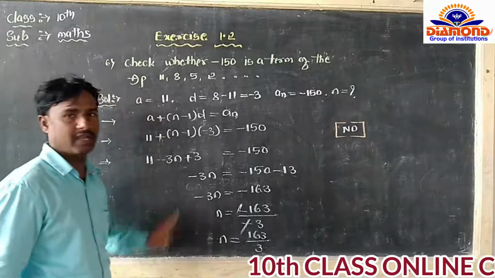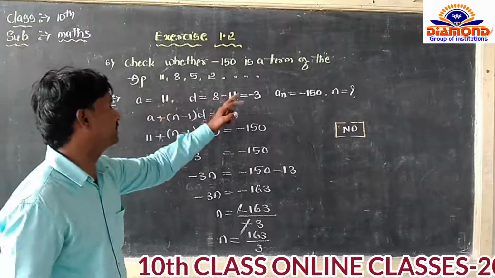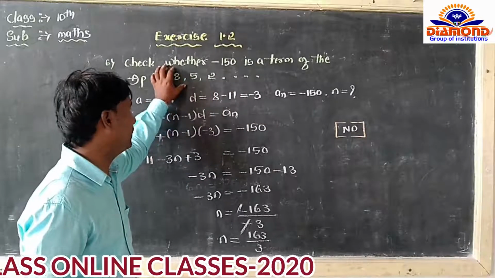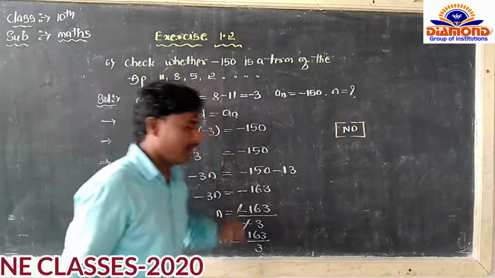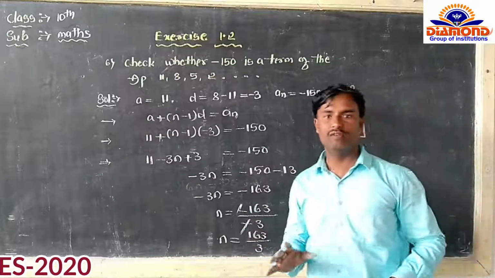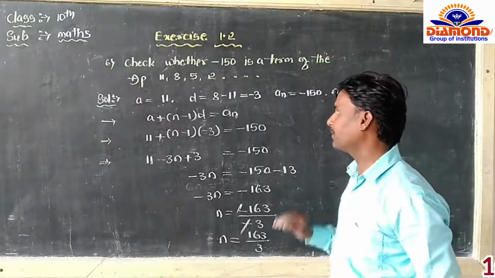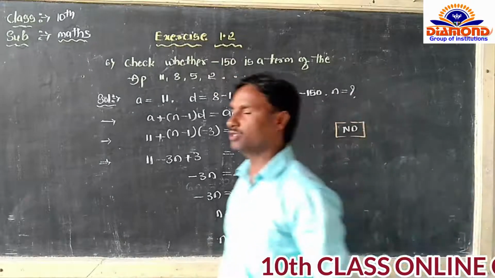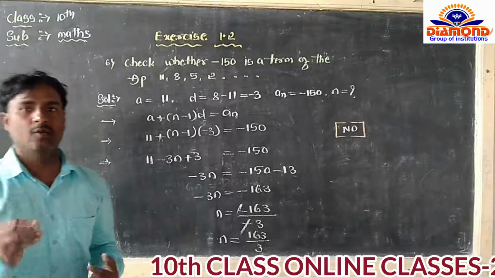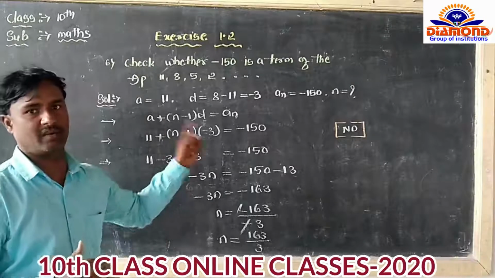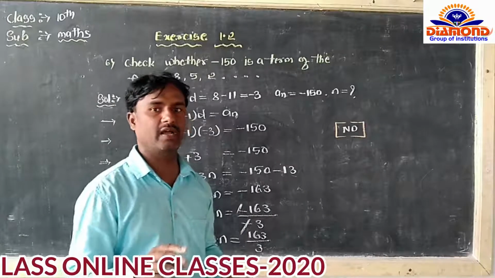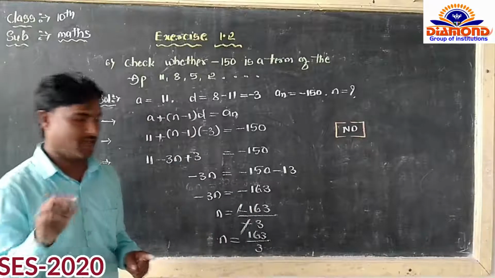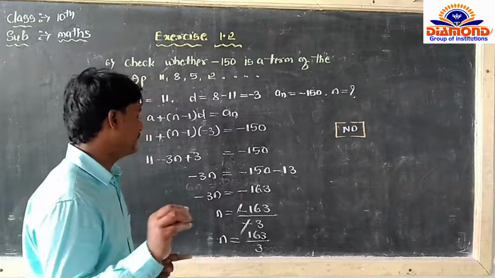Check whether minus 150 is a term of the AP 11, 8, 5, 2, and so on. The question asks whether minus 150 is also a term in this AP sequence or not. We consider minus 150 as an and solve. After solving, if n comes as a whole number, then it is a term. If n does not come as a whole number, but as a fraction or a decimal, then it is not a term. I told you what n is: only a whole number.